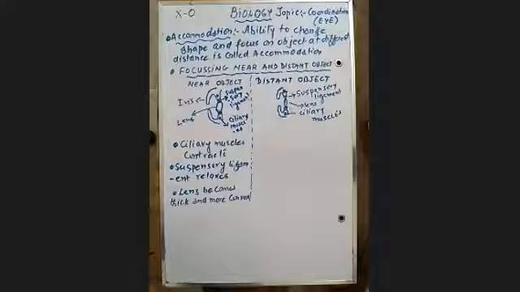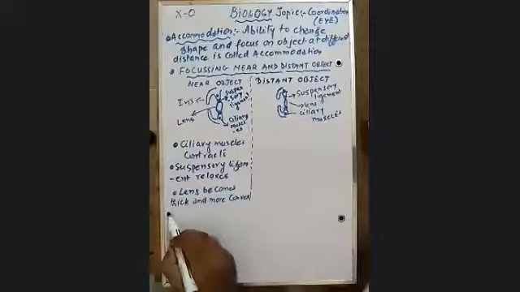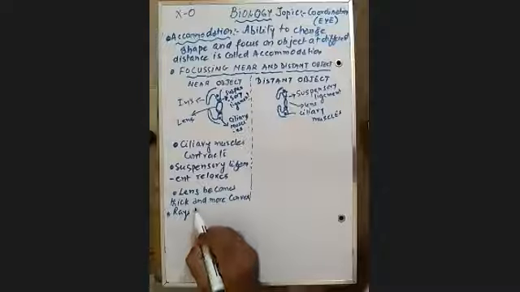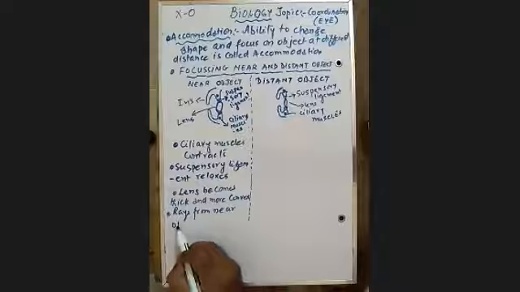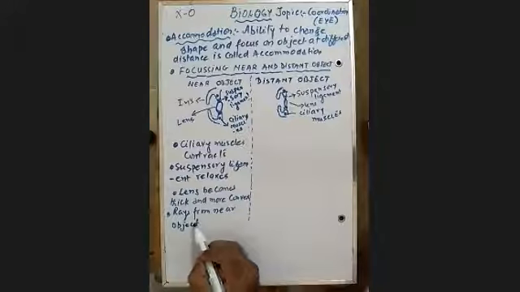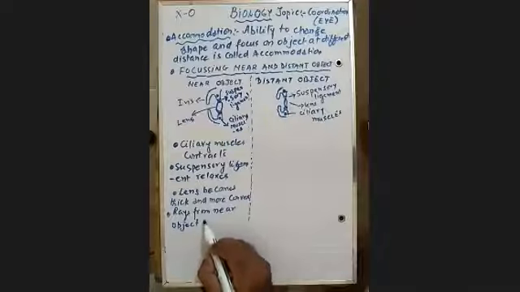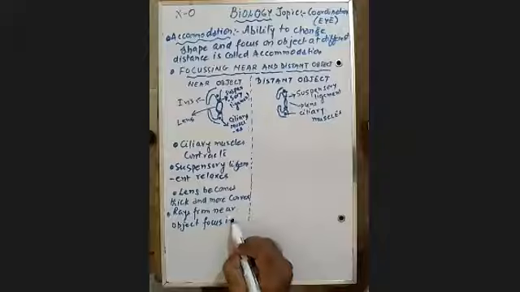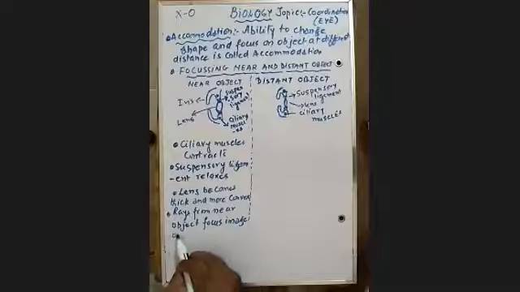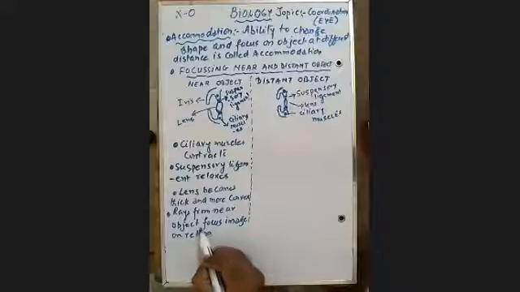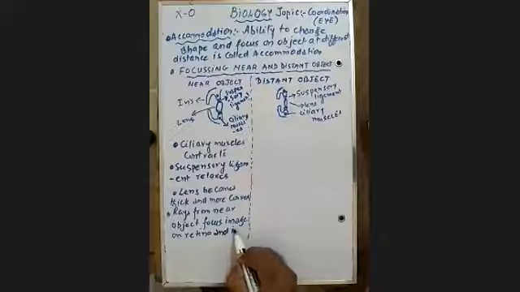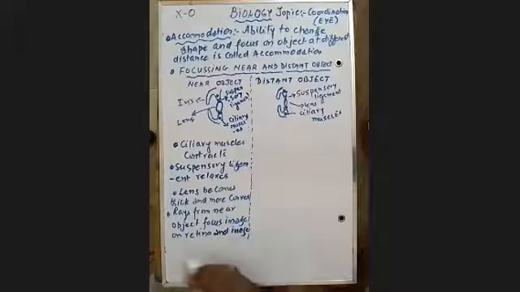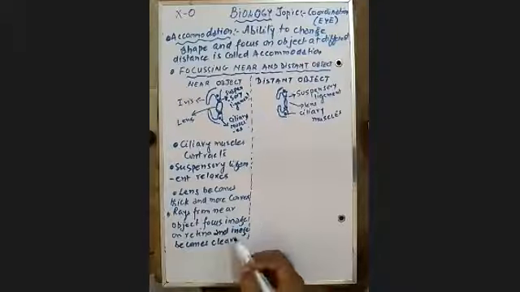Next point is rays from the near object are focused on the retina, and the image becomes clear.